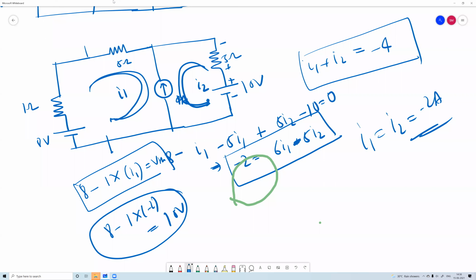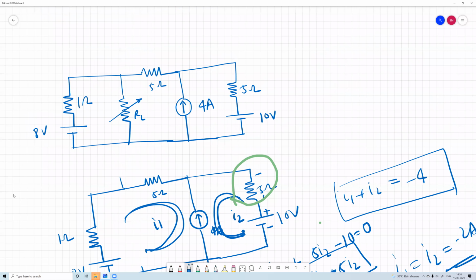What will be RTH? Short out all the voltage sources and open the current sources. You get something like this.